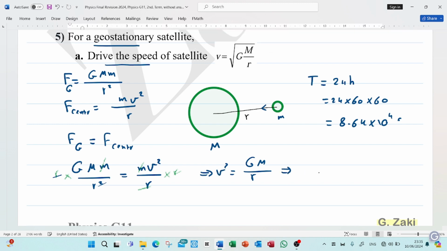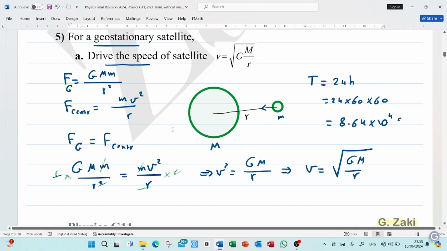Take the square root of both sides, then v, the speed of the satellite, is the square root of GM over r. Remember, the speed of the satellite does not depend on the mass of the satellite. It depends on the mass of the Earth. M capital is the mass of the Earth. R is the distance from the satellite to the center of the Earth. We ignore the radius of the satellite because it's very small compared to the distance from the satellite to the center of the Earth.